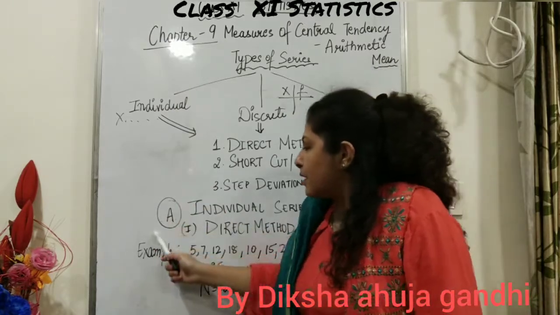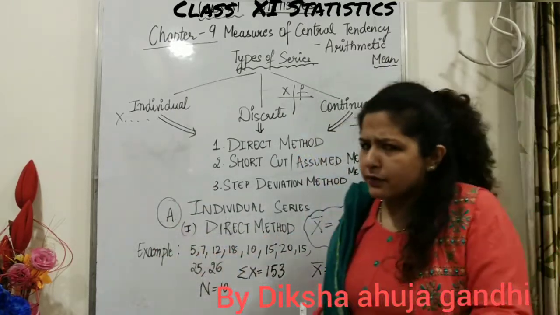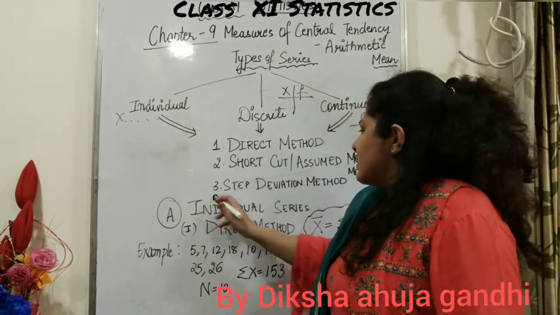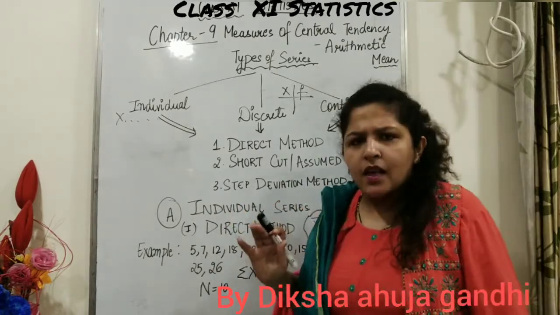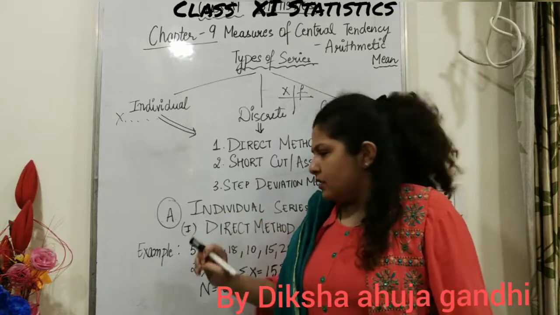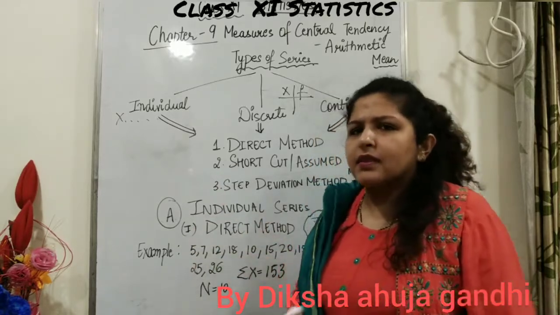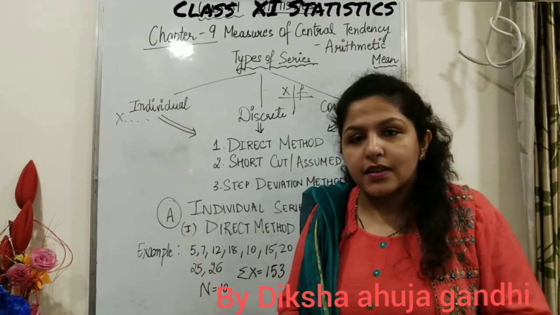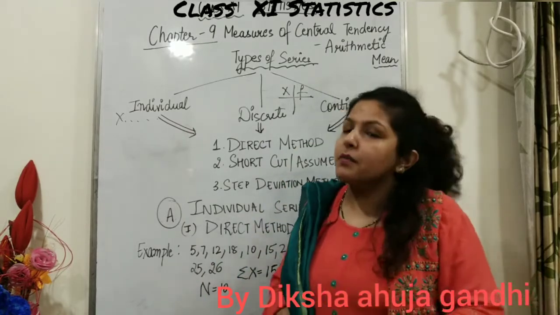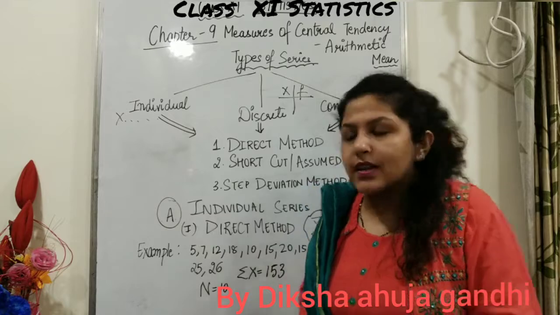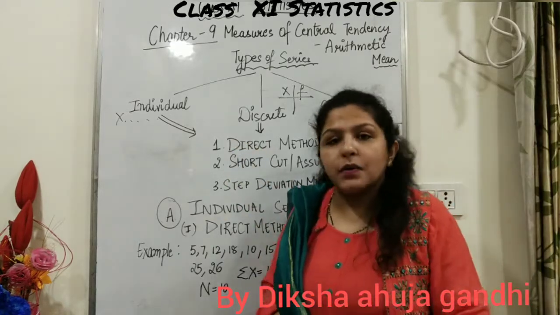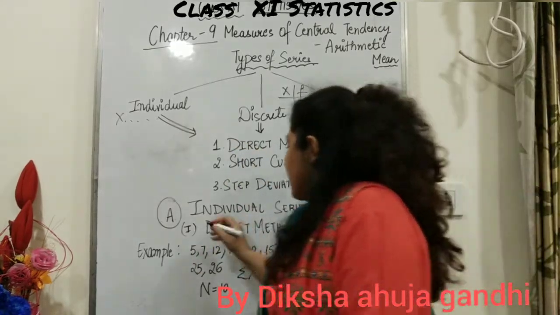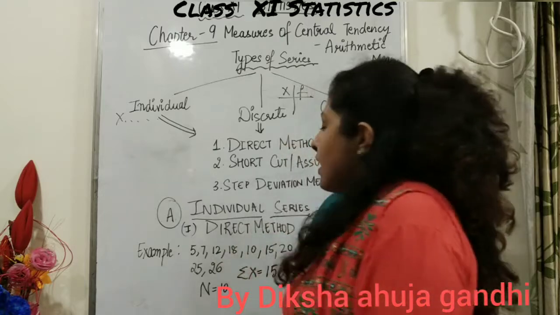I have started with individual series, which is the easiest, so I can skip the step deviation method there. I will just do the direct method and assumed mean method, and then I will explain where discrete series is used and how the mean is calculated in it by these 3 formulas one by one. So let's start with arithmetic mean in individual series.